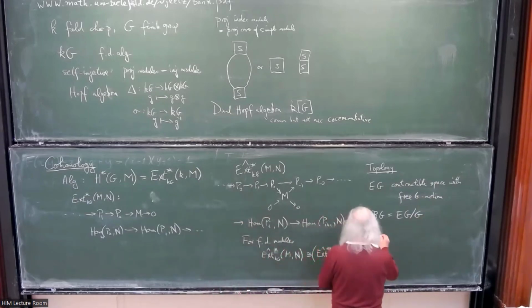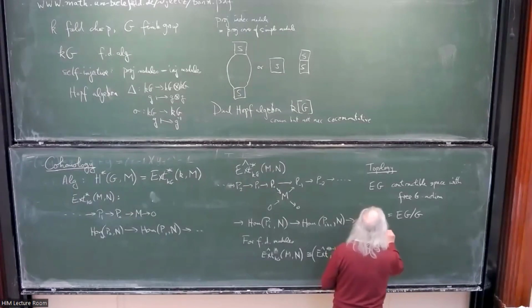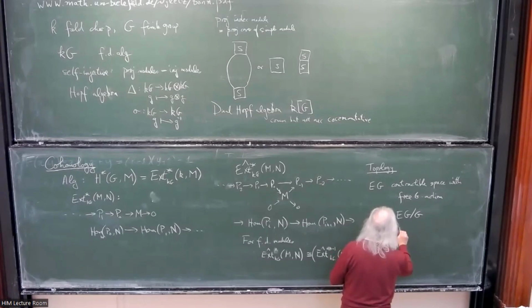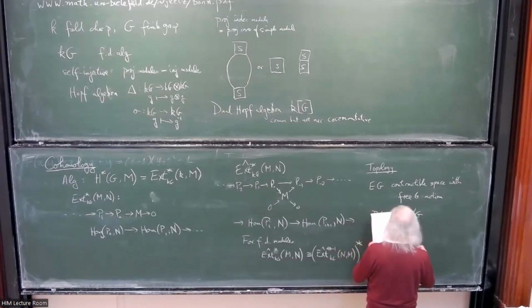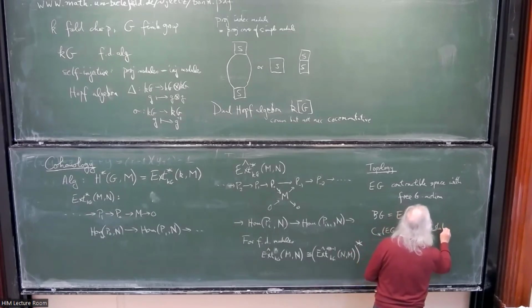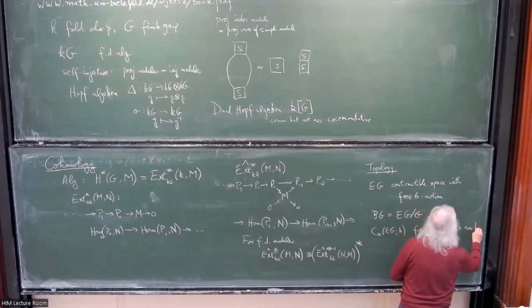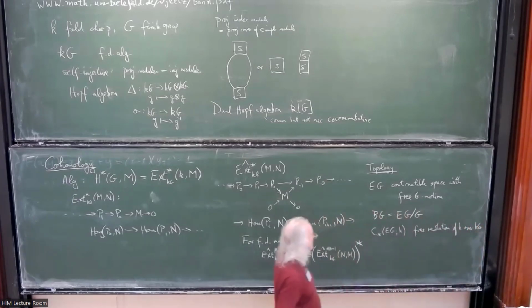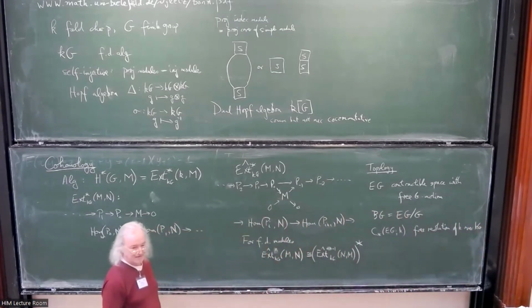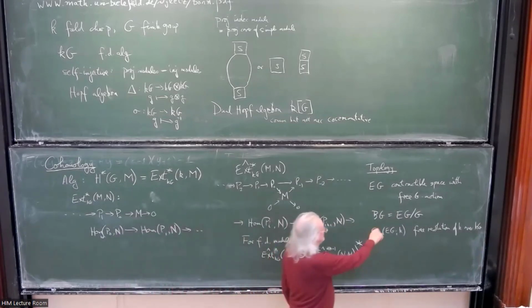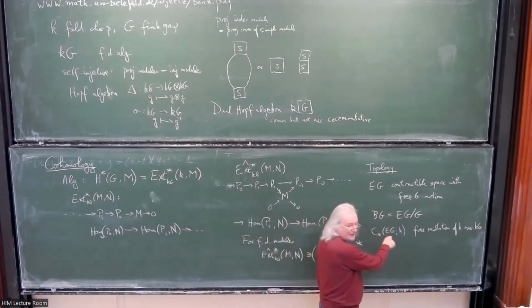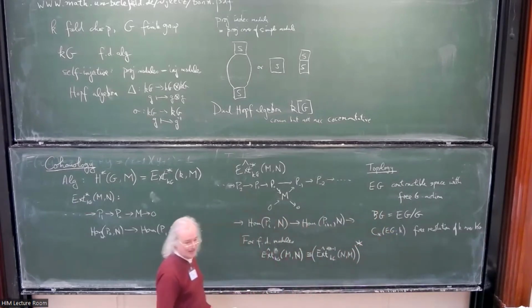And then the point here is that actually the chains on EG, with coefficients in K, is a free resolution of K over KG. Since G acts freely on EG, it acts freely on, let's say, the singular chains, whatever you like.